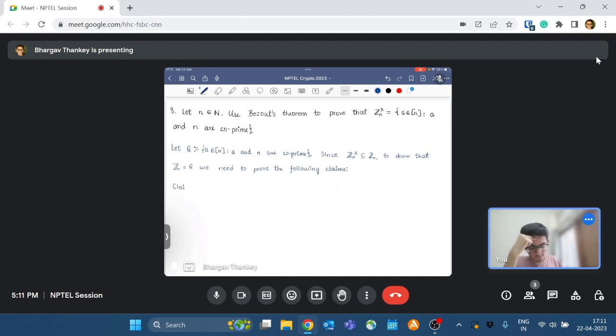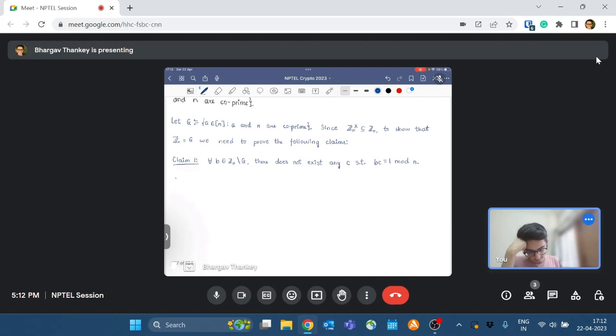Claim 1: for every b in Zn minus G, there is no multiplicative inverse mod n.